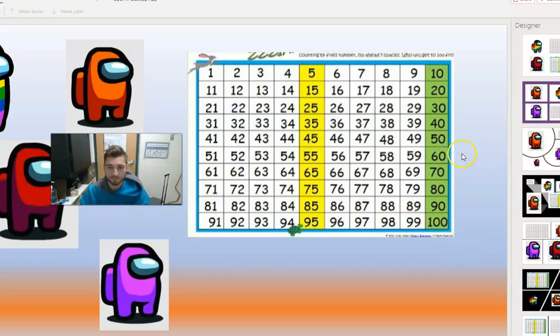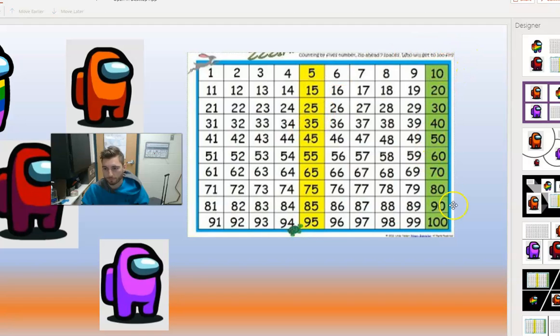Today we're going to work on some skip counting of 5s. Let's do that together. If we have 0 here, we're going to start at 5 as our first one. We have all the yellows with a 5 in the 1s place. Look at the 1's place value. It's all 5. Every time we go in this column, we're going up a 10: 5, 15, 25, 35.